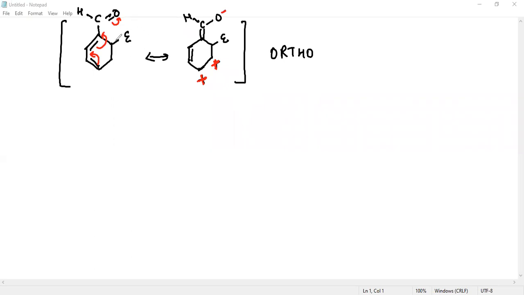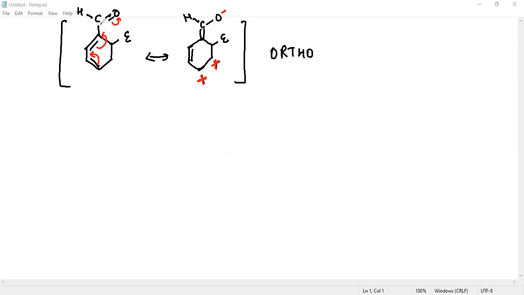So here we have another example of a carbonyl group that is attached to the benzene ring. So this is benzaldehyde. This is the aldehyde group that is attached here. So if you go ahead and attach your electrophile at the ortho positions, then you do know that you get the carbocation right here. Then what will happen is this thing.